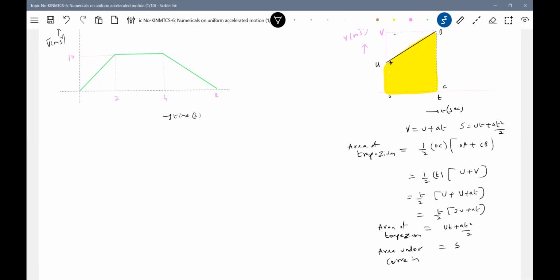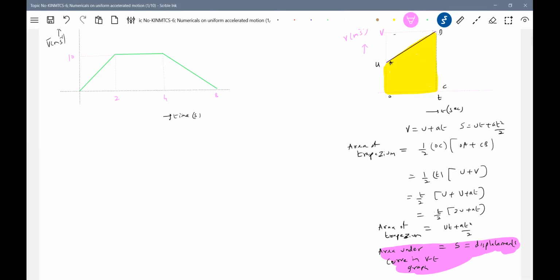Area under the curve in the VT graph is equal to the displacement. So we are going to conclude here: if you calculate the area under the VT graph, it is equal to, indirectly, the displacement.